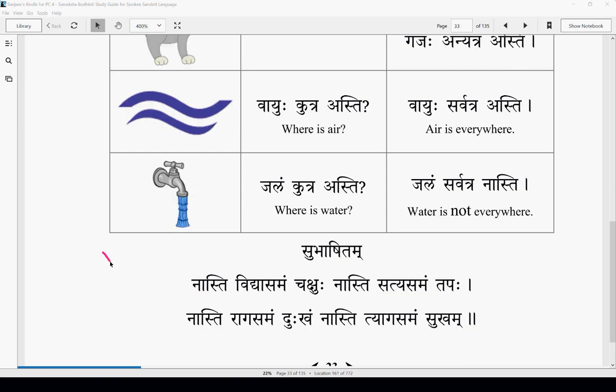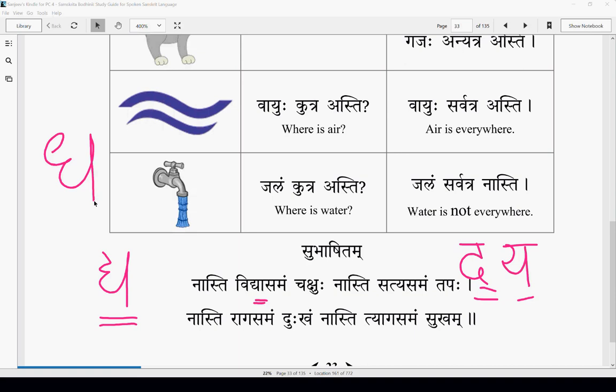This dya is a combination of da and ya, which appears like this as a conjunct. Whereas there is another one which is dha. That should not be confused with this. This is dya combined. This is dha.